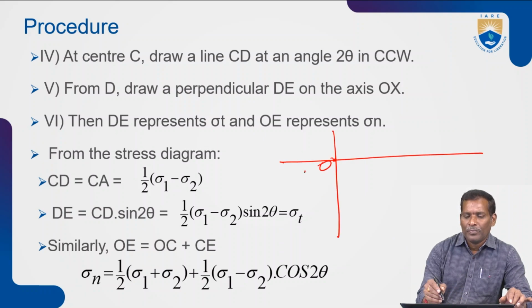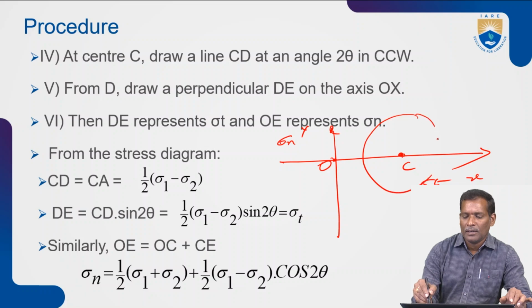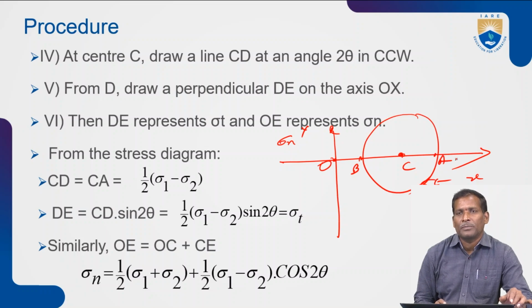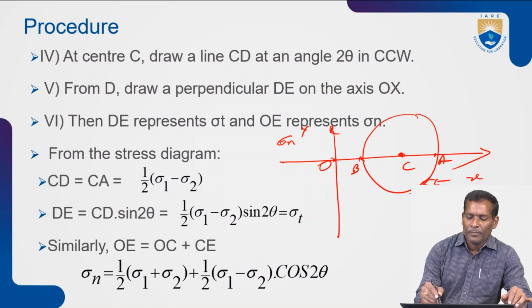I will draw the diagram very clearly here from O. This is the y-axis and x-axis, sigma n and sigma t. With C as center, draw a circle through A and B, with radius (sigma 1 minus sigma 2) by 2. Here this is sigma 2 and this is sigma 1.